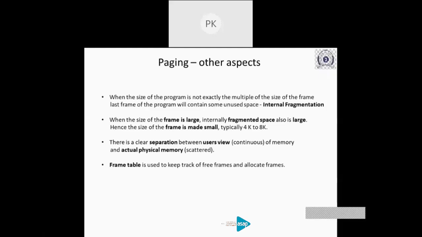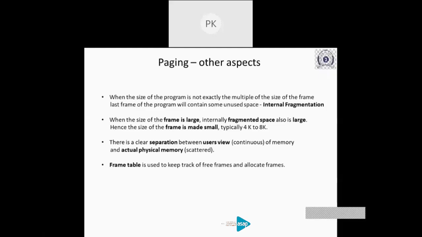And in a multi-programming environment, we will have multiple programs, and the number of half-filled pages will be equal to the total number of programs in the RAM. So when the total number of programs is large, this wastage is also huge.